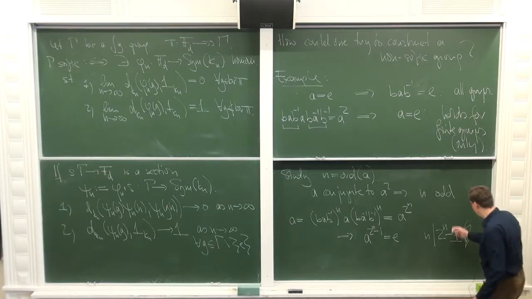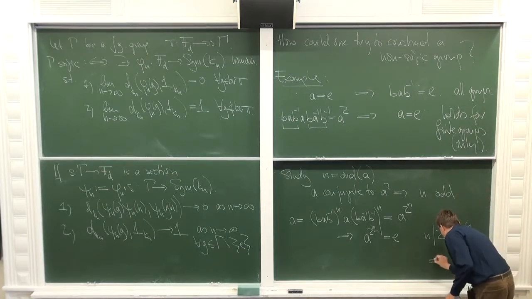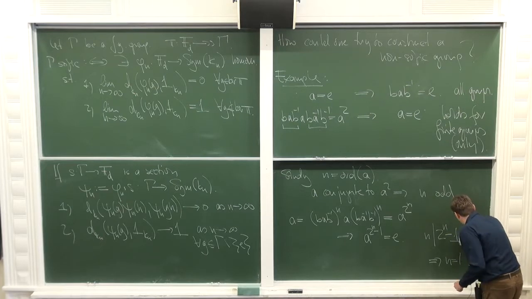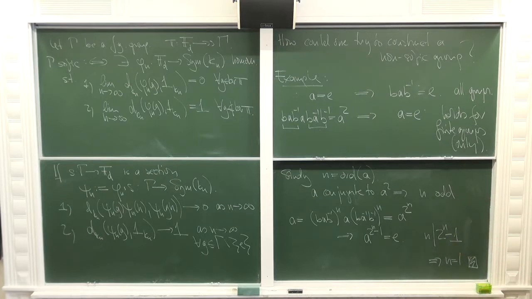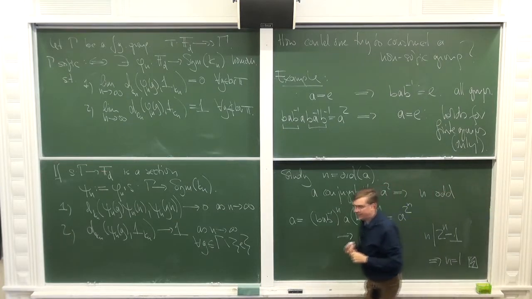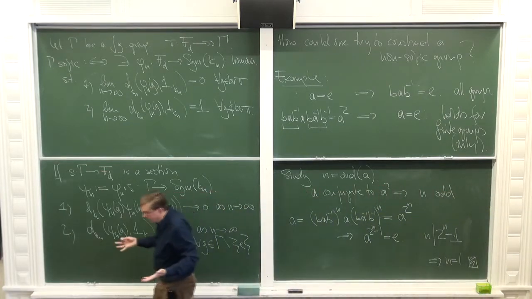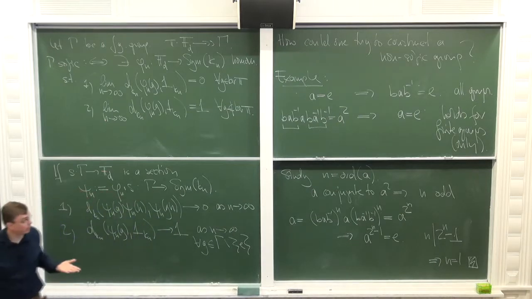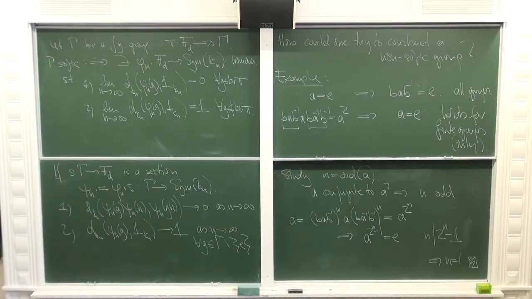If n is equal to 1, then of course it's true. So this relation just refuses to be satisfied in any finite group, except for the trivial reason that A itself is trivial.